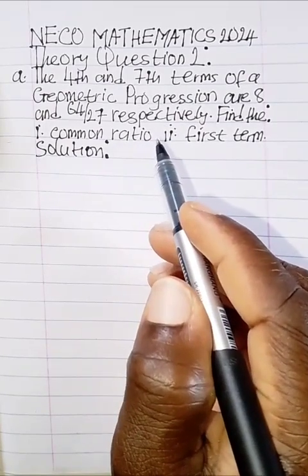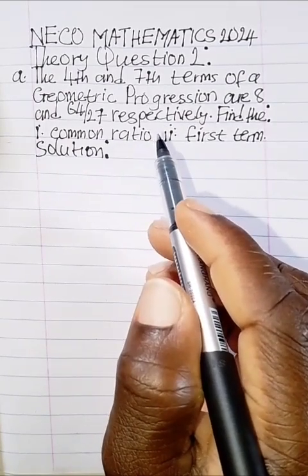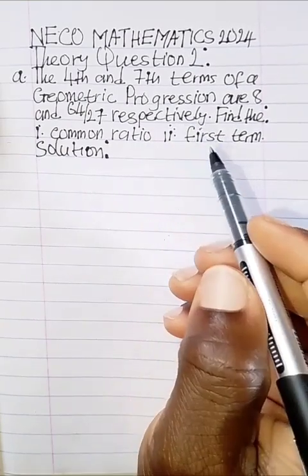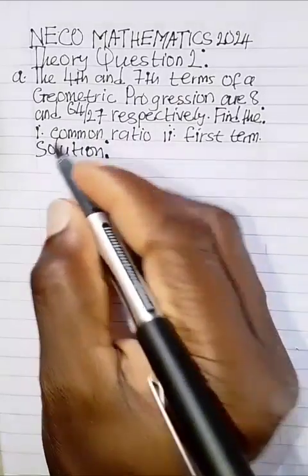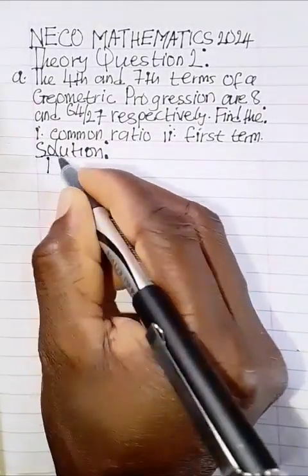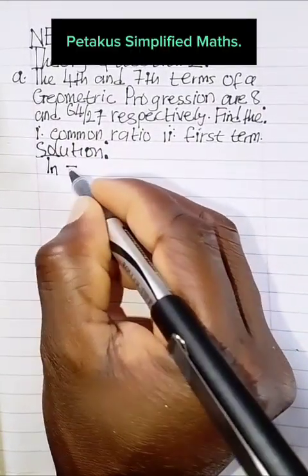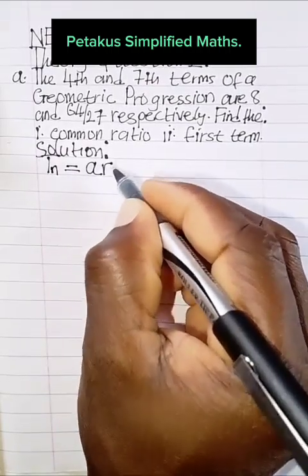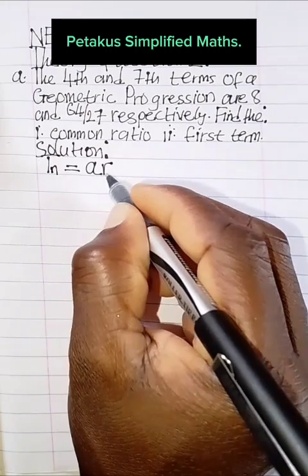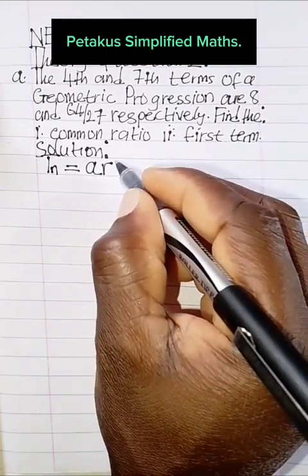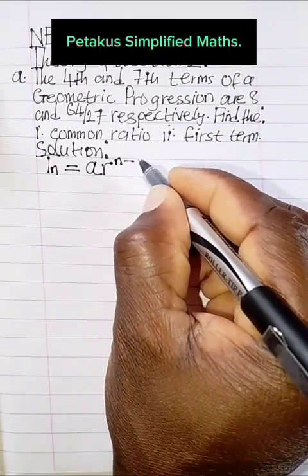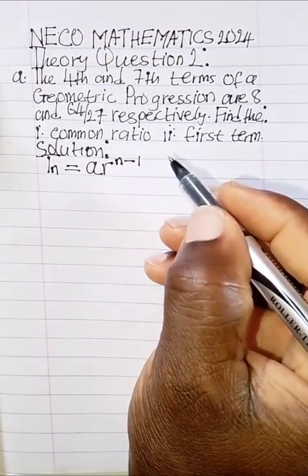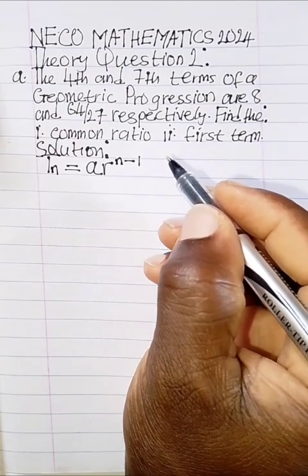We are dealing with the nth term in this problem. So recall that t sub n is equal to a r, that is first term times common ratio, to the power of n minus 1. That is the nth term formula of a geometric progression.